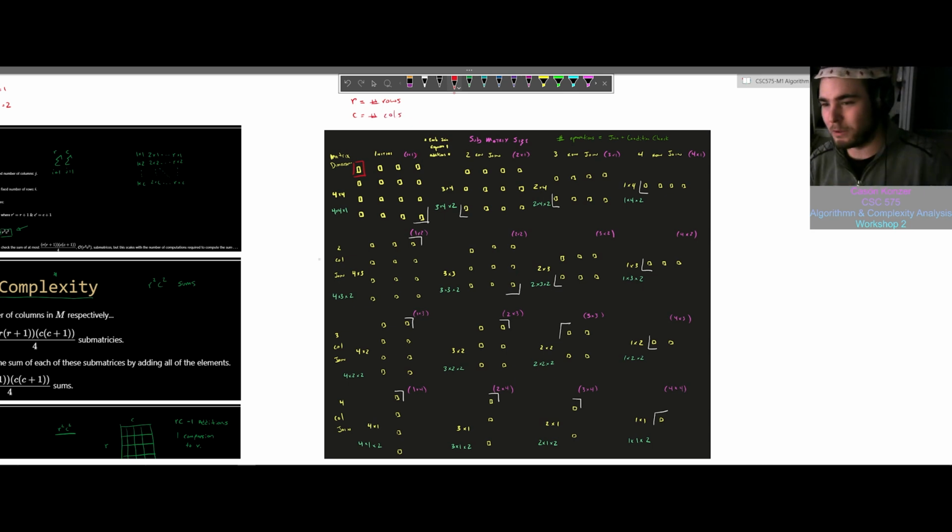In order to compute the number of rows, it takes R operations. It's basically counting 1, 2 up until R. So it takes R time. To compute the number of columns, it takes C time, 1, 2 up until C, and then we need to do one comparison.